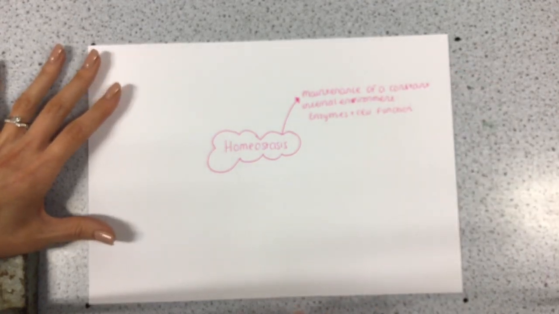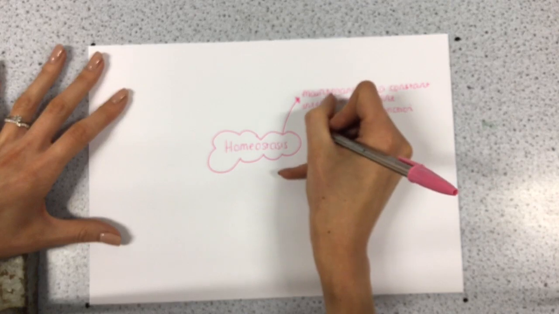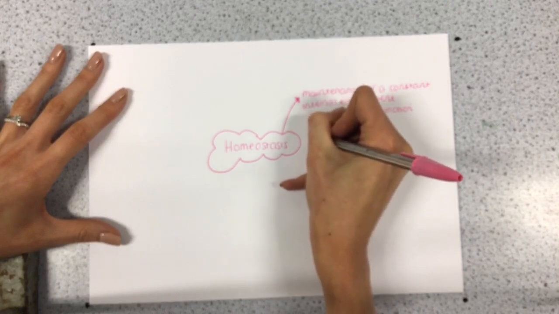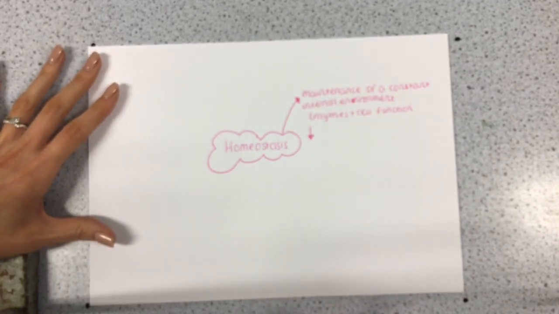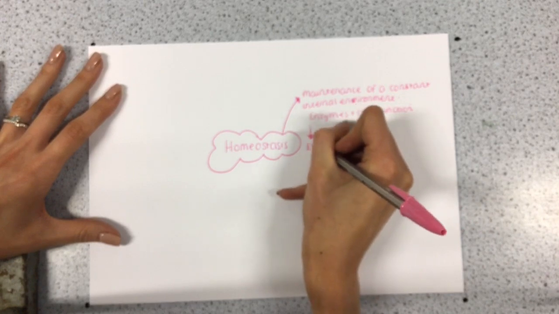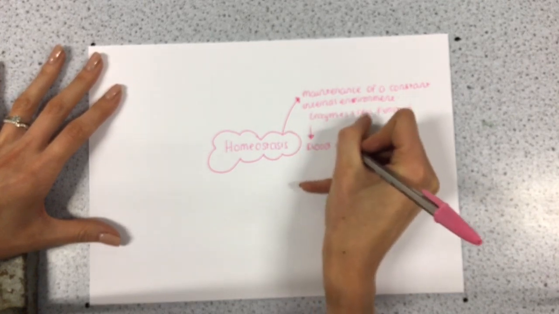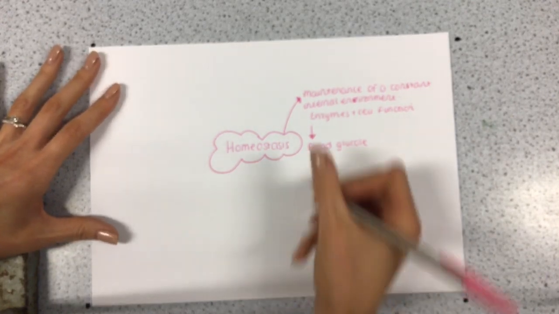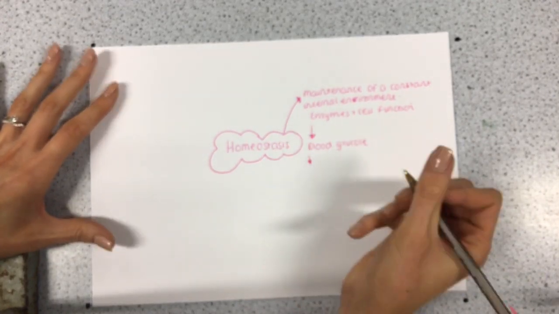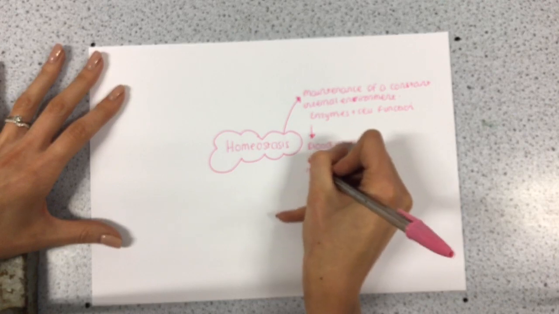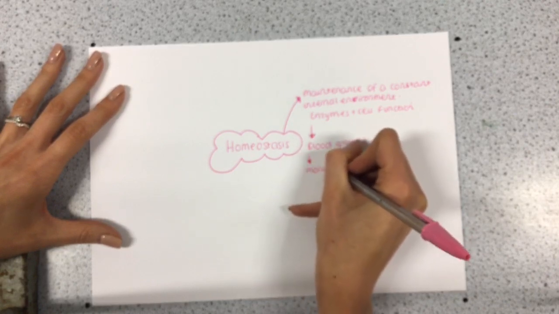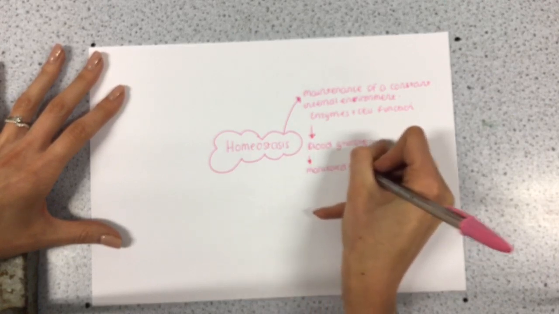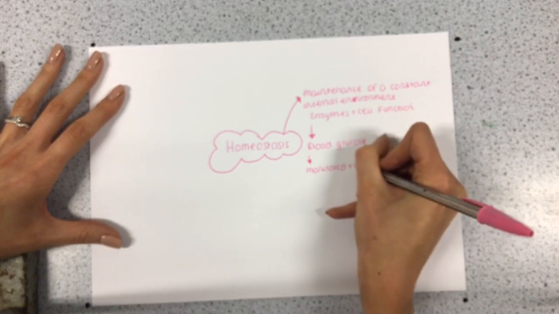Okay, so one of the ways we need to know for our exam is our blood glucose. We need to know how our blood glucose is regulated within our body. It is monitored and controlled by an organ called the pancreas.